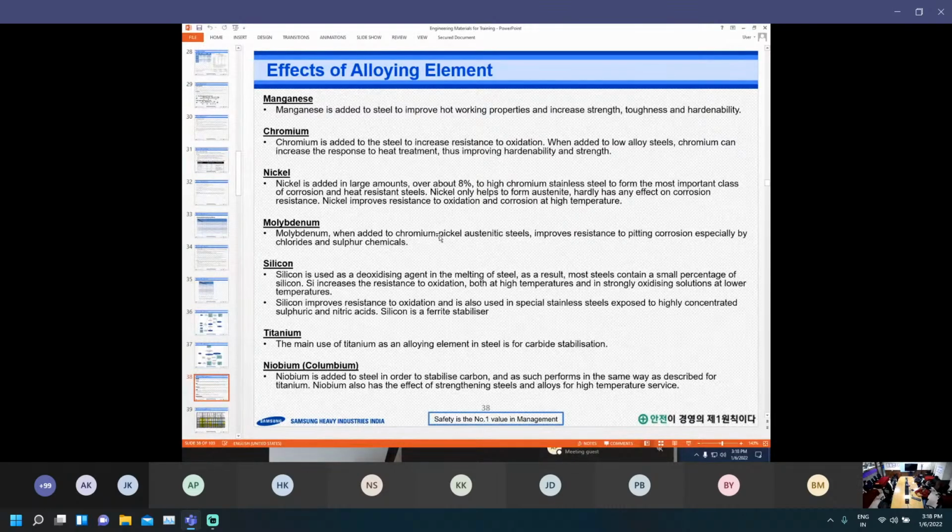So the chromium layer will not be depleted from the material, and corrosion will not affect that material. So you must understand the stabilization terms. Okay. Niobium is also a stabilizing element.